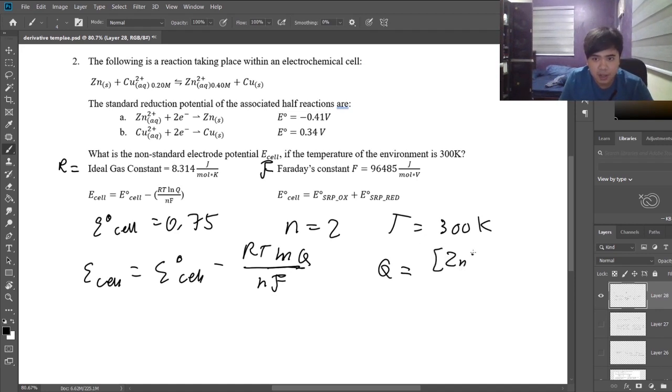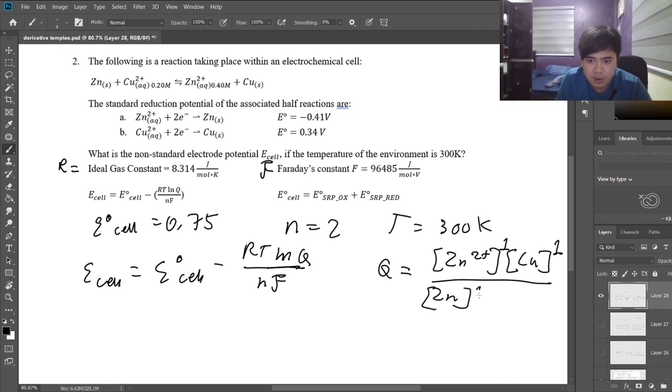Zinc 2 plus, which is on the reaction product side, multiplied. The power is just 1, so we don't have to worry about anything. So copper, and then the power is 1, over zinc solid. The power is again 1. Then copper 2 plus ions, so 1.